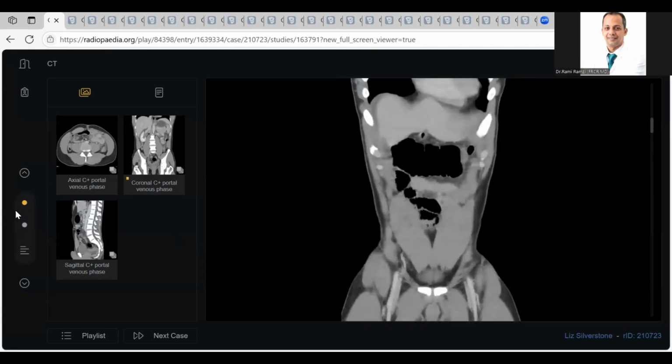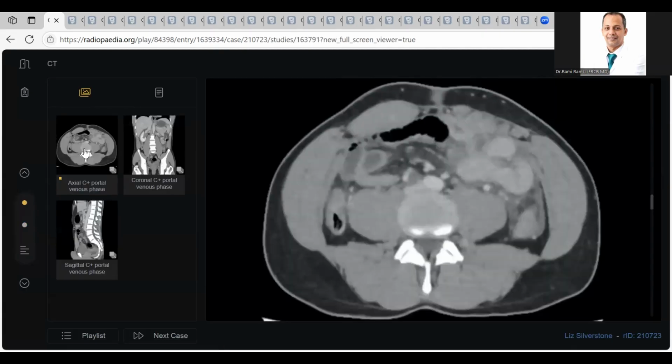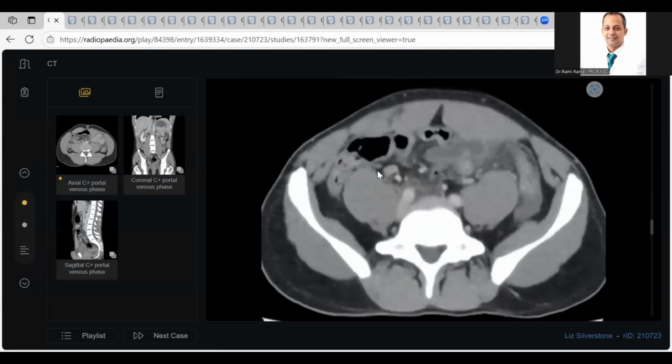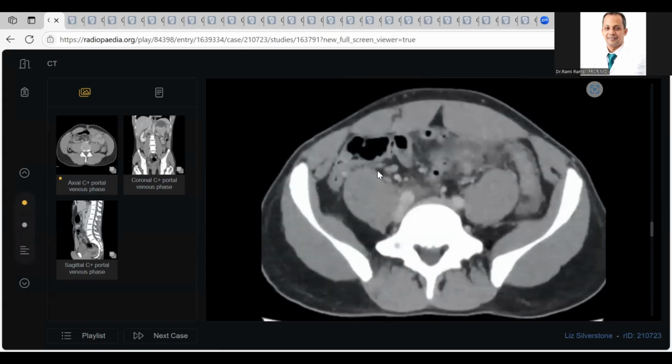Okay. Thank you, doctor. You did very well. Take-home message. First, in any male patient with severe abdominal pain, appendicitis must be excluded until proven otherwise.